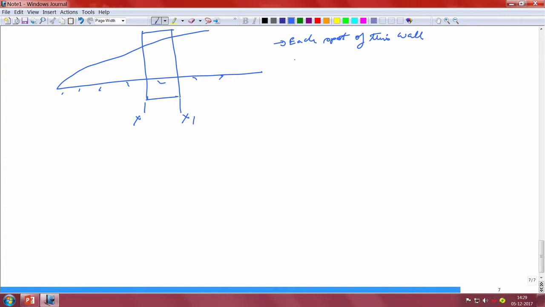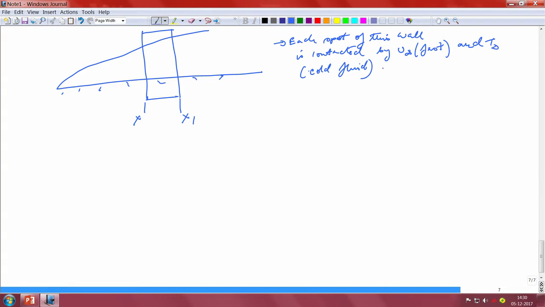is contacted. So, I am just writing the basic features, contacted by u infinity, which is a fast moving fluid, and T infinity, which is a cold fluid. So, when they are contacted, each spot of this wall is contacted by this fast moving and cold fluid.